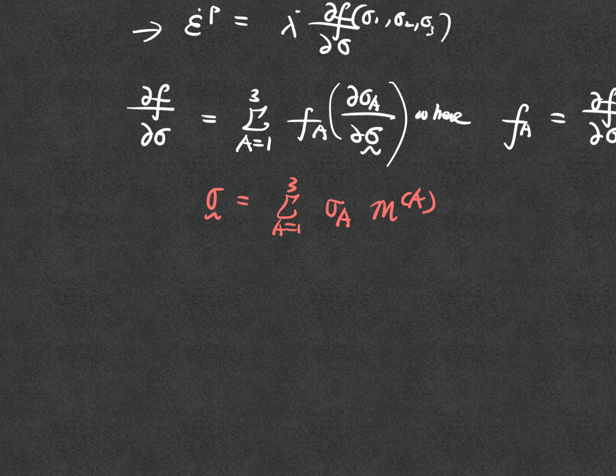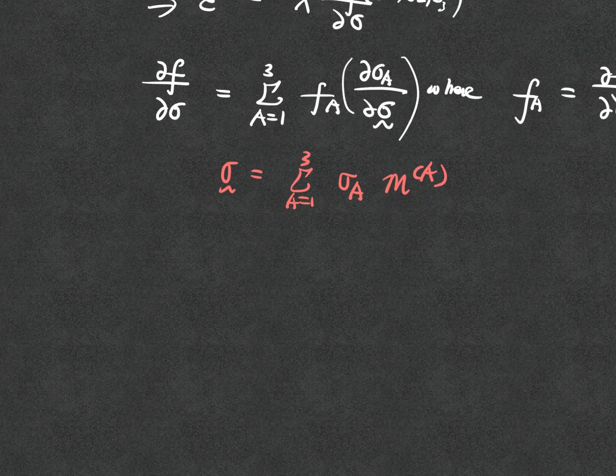By definition, the partial derivative of the stress eigenvalues with respect to the stress tensor just gives you back the spectral directions. Okay?